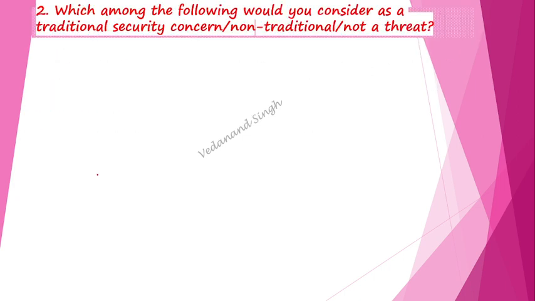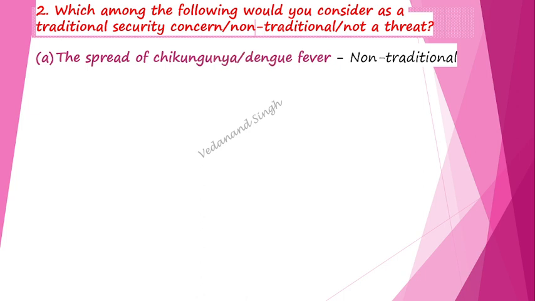Now the next question, number two. Which of the following would you consider as a traditional security concern, a non-traditional security concern, or not a threat? There are some statements given here, and you have to consider which ones are traditional, non-traditional, or not a threat at all. The first statement is the spread of chikungunya and dengue fever.